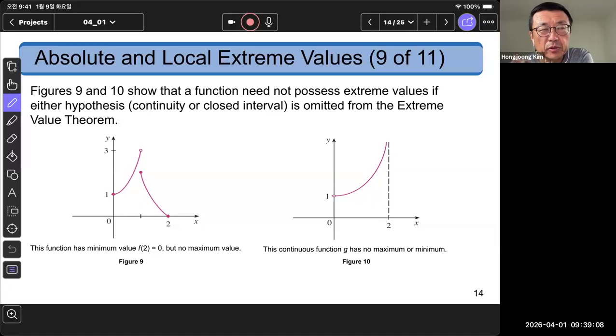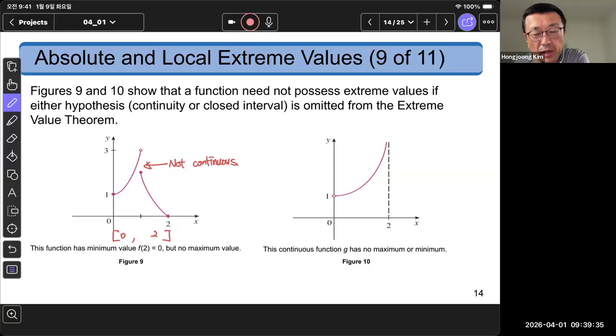But if those two conditions are not satisfied, for example, if your function is not continuous, even though your function is defined on the closed interval from 0 to 2, even though the second condition is satisfied, your function may not have the maximum or minimum value.